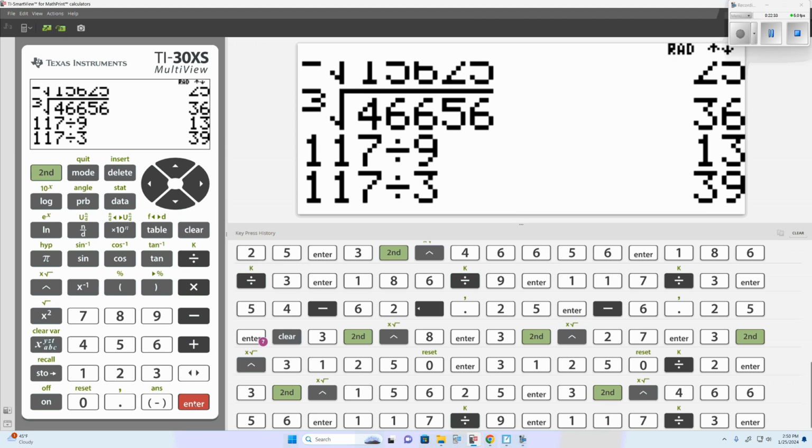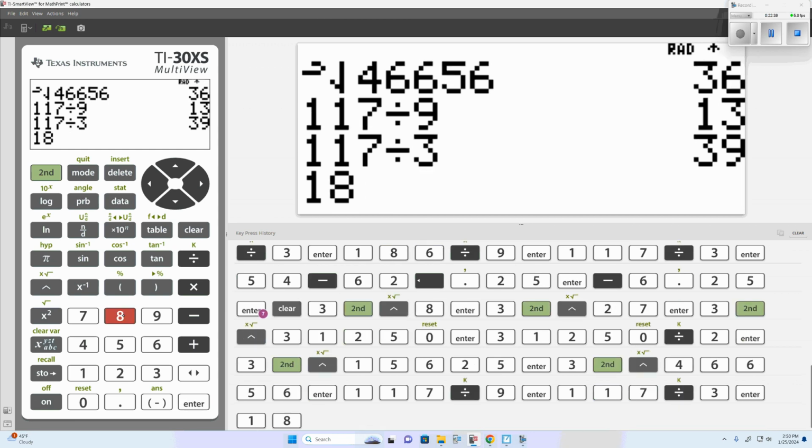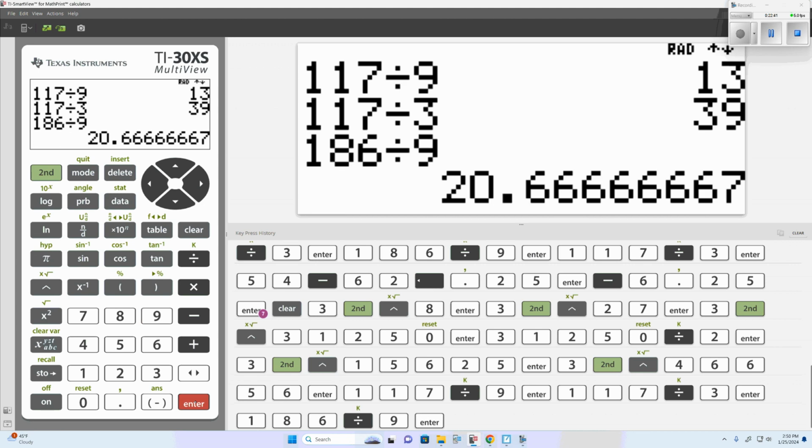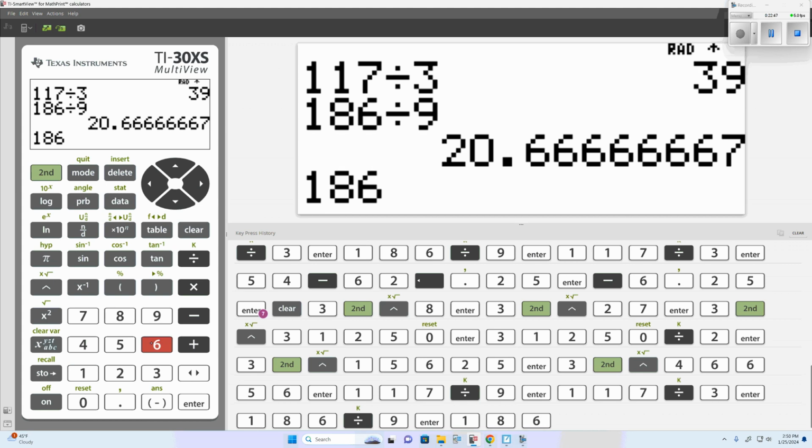So 9 and 3 work with 9 and 117, yes? And the other one was 186. 186 divided by 9 is a decimal number. So 9 is out. It only works with 2. 186 divided by 3 works, so the greatest common factor is 3.